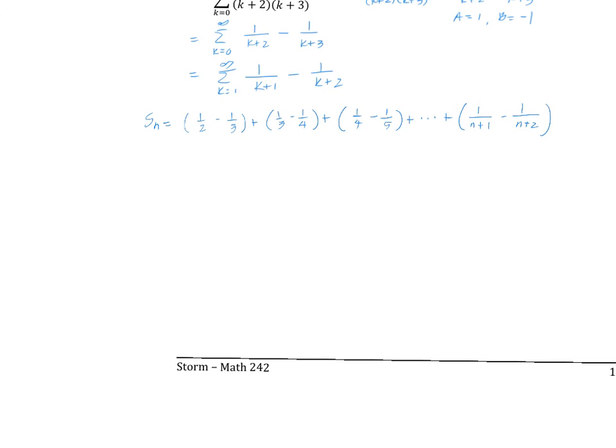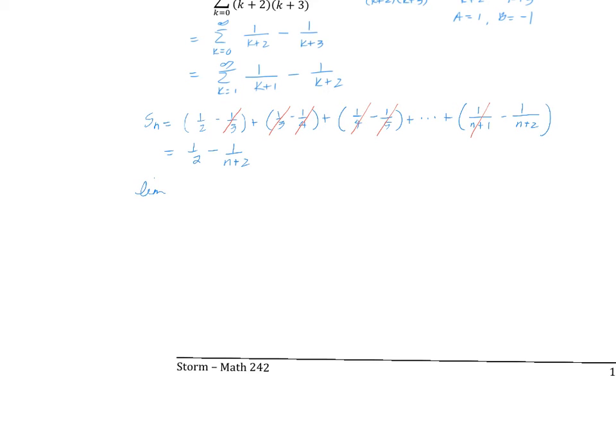So is there a pattern of cancellation? It looks like the last term and the first term cancel. Last, first, last, first. What's left over is going to be 1/2 minus 1 over n plus 2.